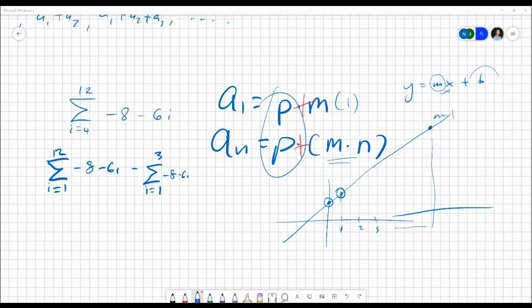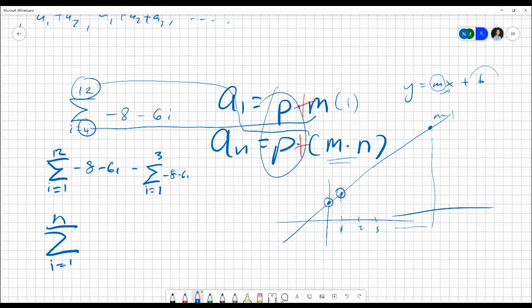I had a theoretical question for you. When you have a series that goes i equals 1, by the way, when they're doing this, all they're doing is plugging in this number and this number.